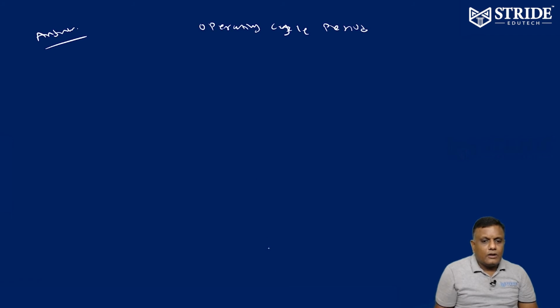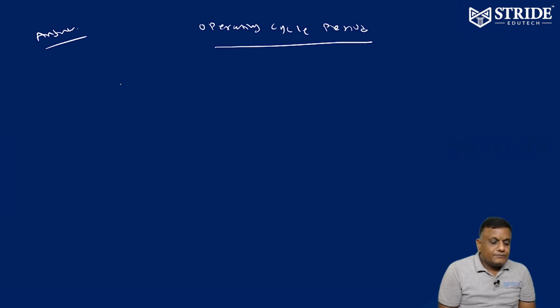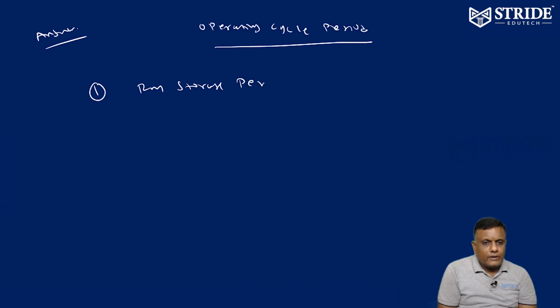Right. How to solve operating cycle period? First, number 1, raw material storage period.